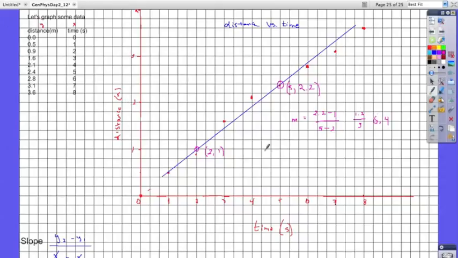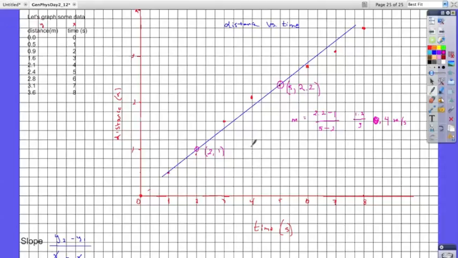Y-axis was meters, x-axis was seconds, so that's 0.4 meters per second. And that's a speed, or a velocity. So if this object was at these places at these times, then it had an average velocity of 0.4 meters per second. So now we have graphed data, and we have found the slope and determined the physical significance of that slope for the graph.